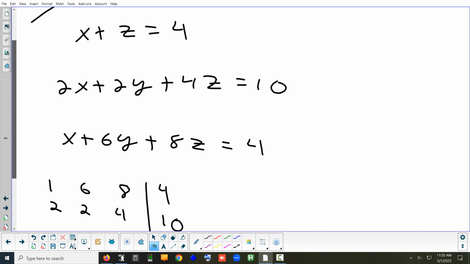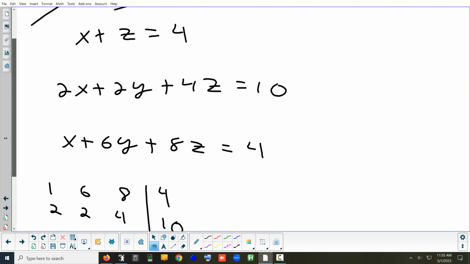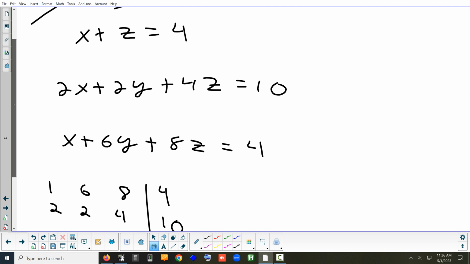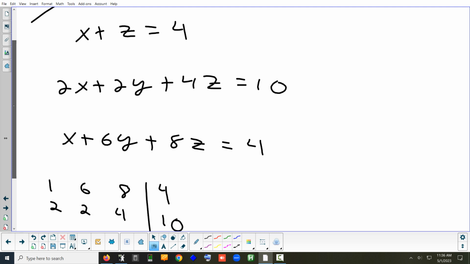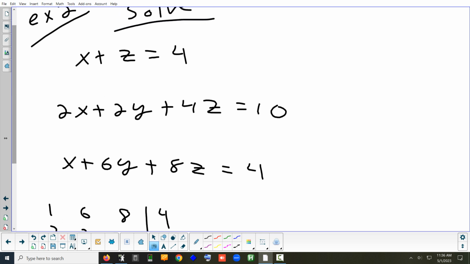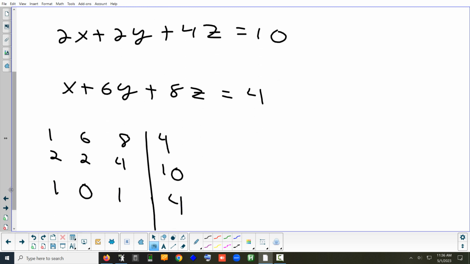Well, actually, I guess we didn't have to swap rows 1 and 3 because we already had a 1 in the upper left anyway. But by putting row 1 in the bottom, you get a 0 and a 1 in the spot. Okay, that makes sense.